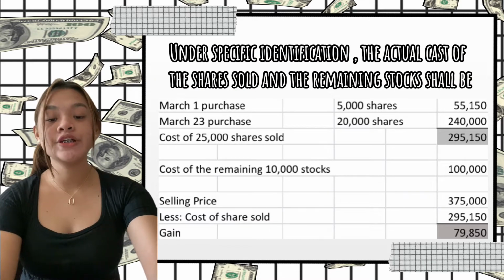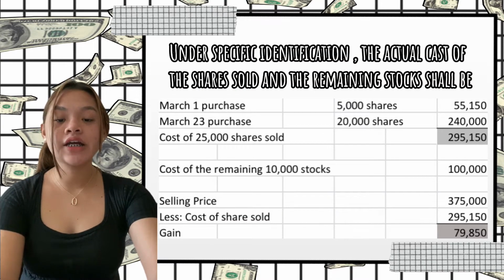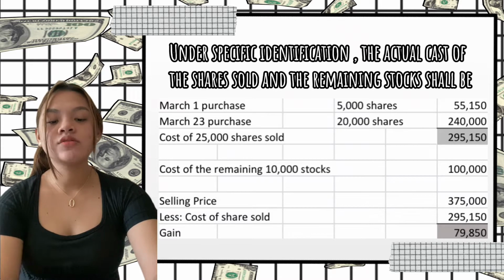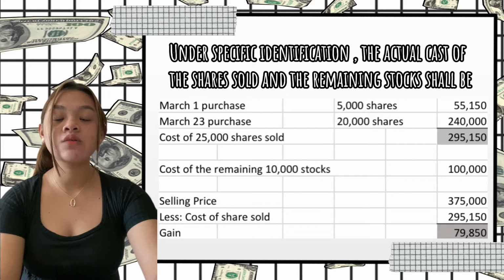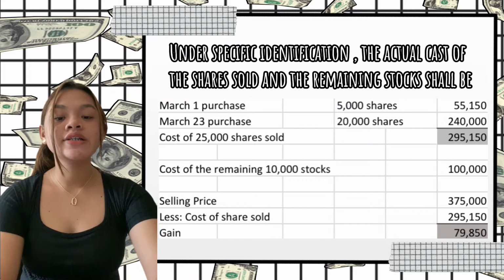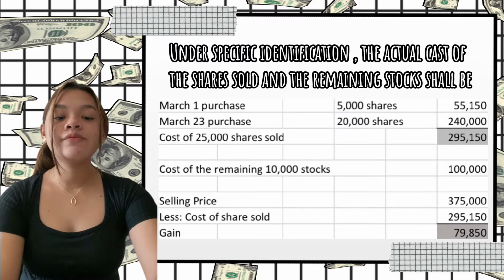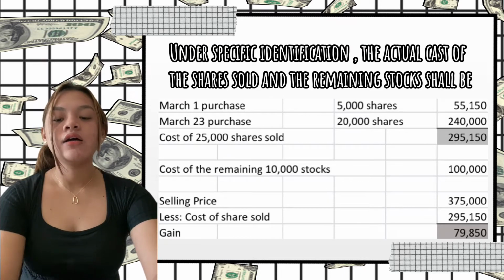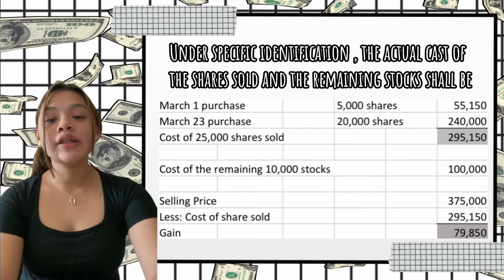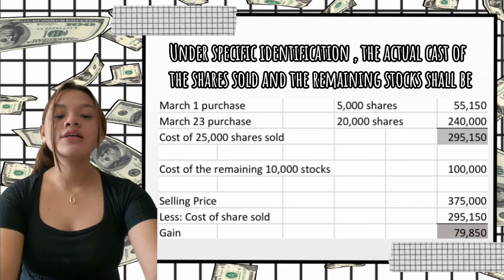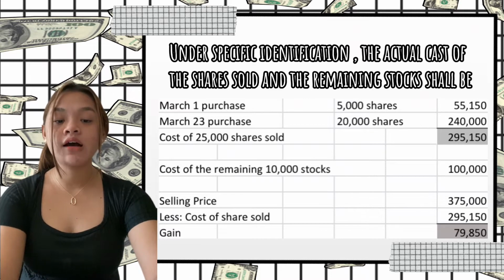March 1, the purchase, we have 5,000 shares, which is equivalent to 55,150. How do we get the 55,150? Shares multiplied by the price. So 5,000 multiplied by 11.03 is equivalent to 55,150. March 23, we have the 20,000 shares. So 20,000 multiplied by 12 is equal to 240,000.